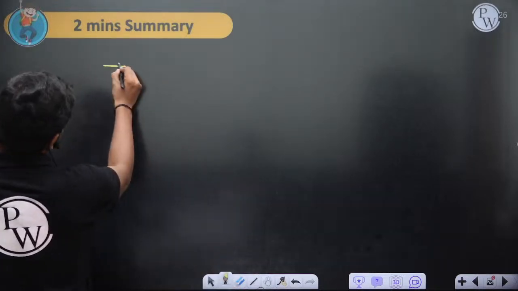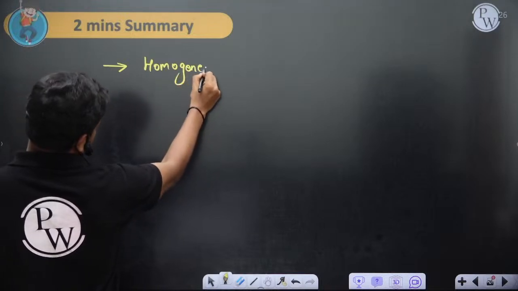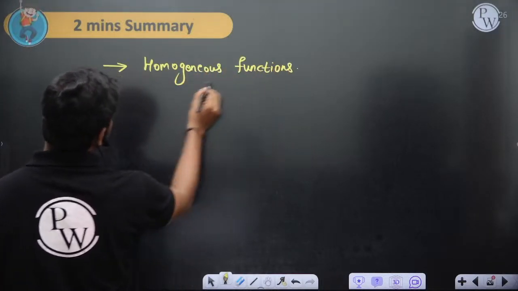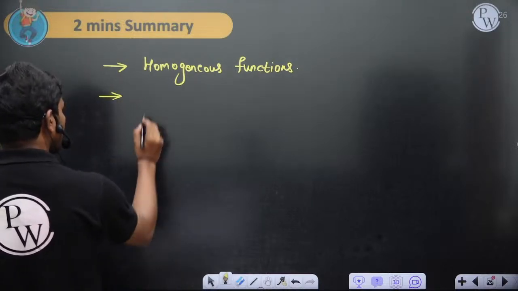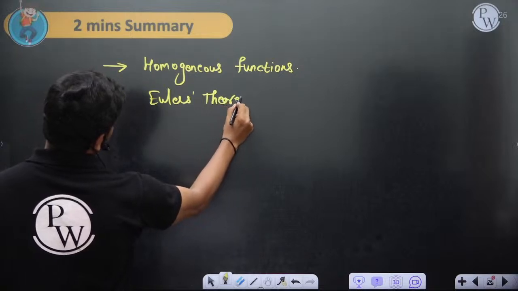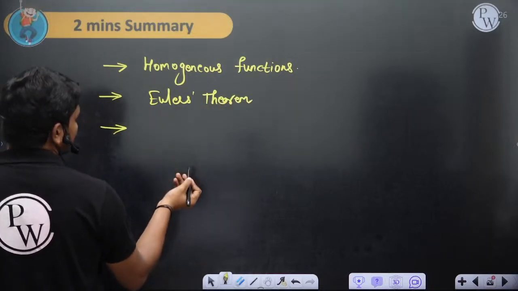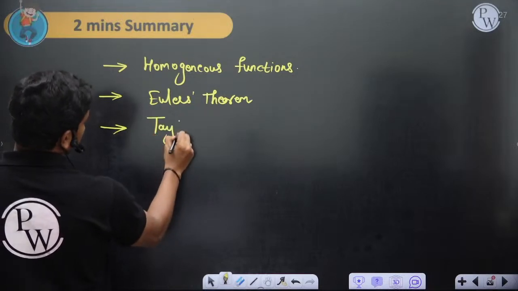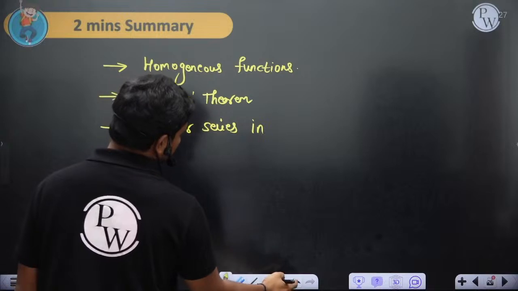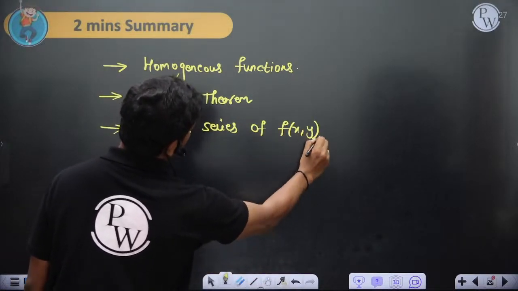So in today's class, the idea was homogeneous functions. Then we talked about Euler's theorem, and we also talked about the Taylor series in 2D, the Taylor series of f of x comma y at a given point.